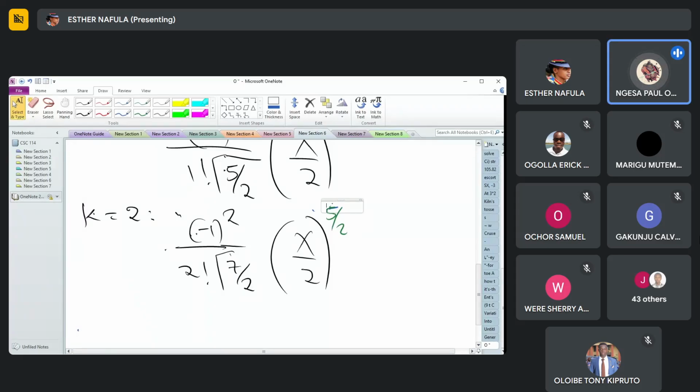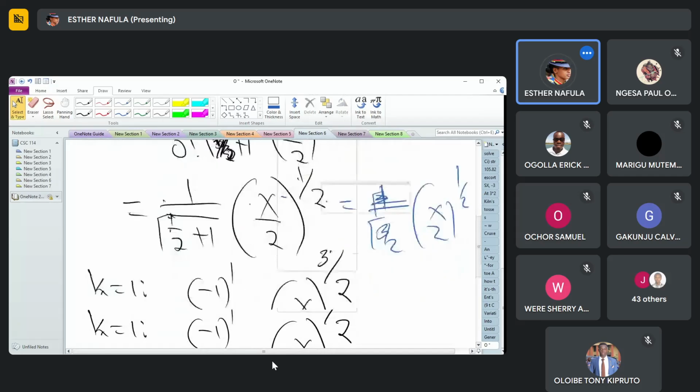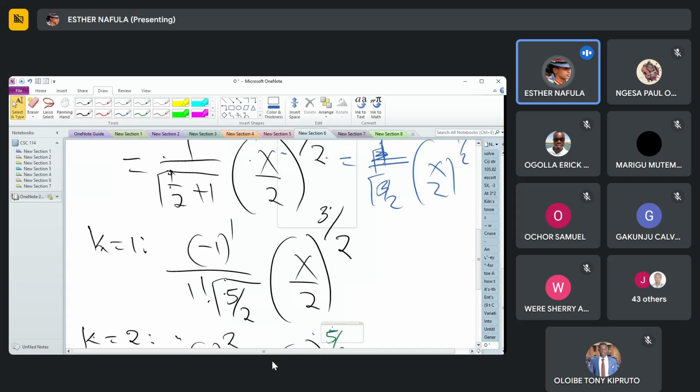The last part of the formula is x over 2 power 2k plus a half. So when k is 0, you have x over 2 raised to 2 times 0, it's 0, so 0 plus half is half. When k is 1, 2 times 1 is 2, plus a half should give us 5 over 2. So the second term should have 5 over 2.